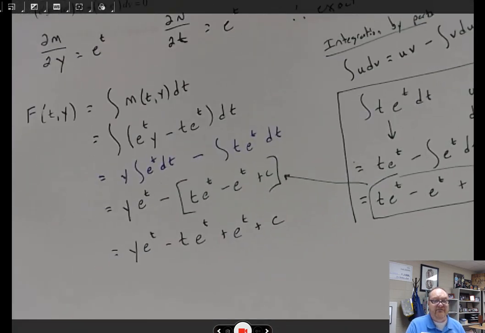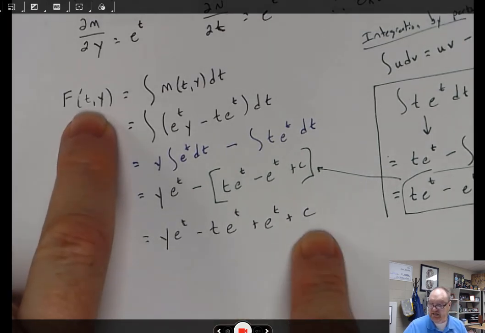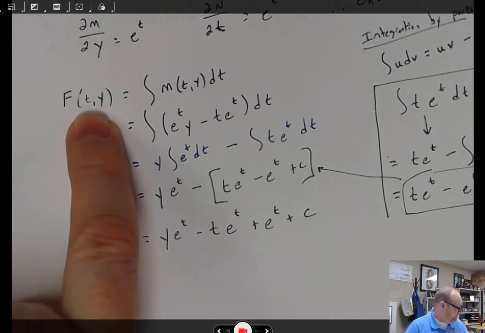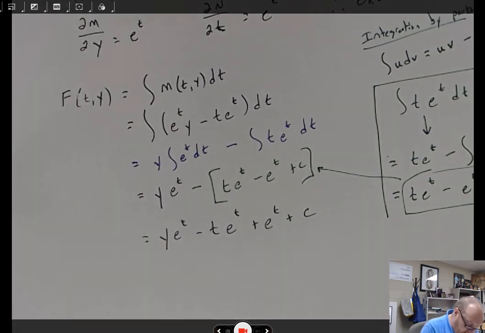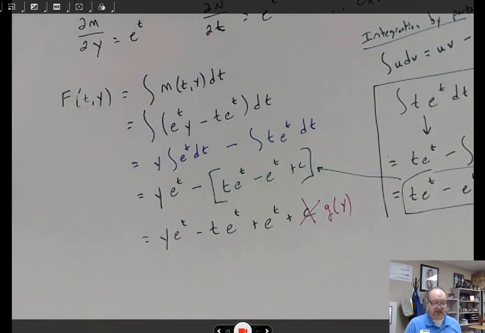So this function f looks like this, and actually that c is not what I need, is it? That's what I was just talking about earlier. This is really some g of y function. I just out of habit did the constant, so it's a g of y function.